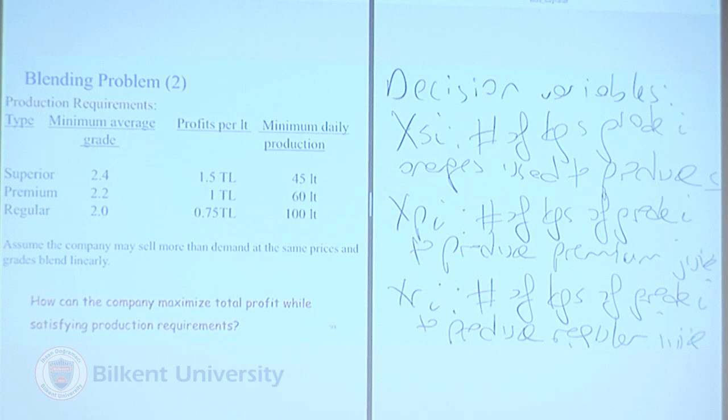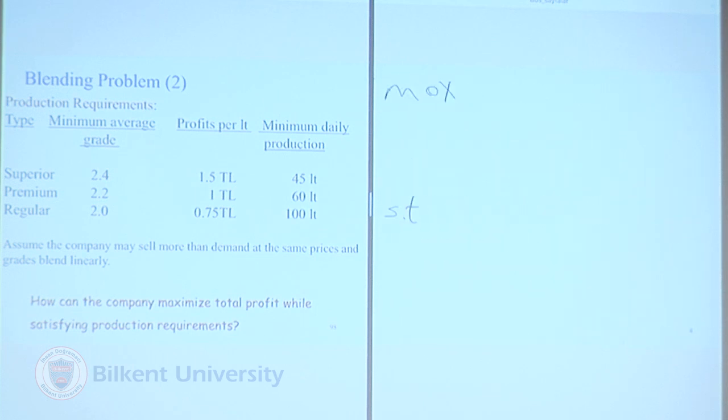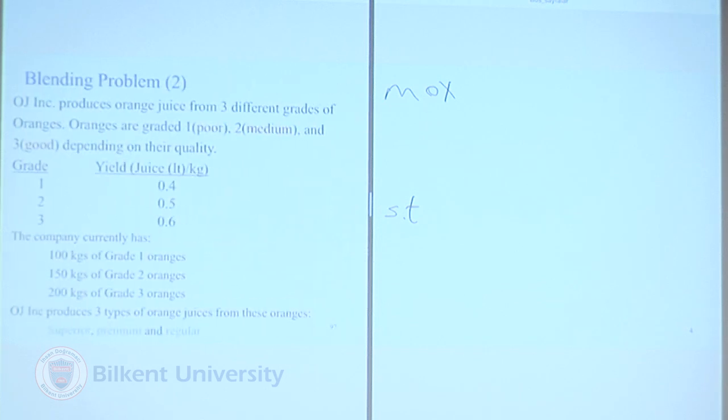xs1, xs2, xs3 are the variables we use to produce superior orange juice. So can you tell me the equation saying that I'm producing at least 45 liters of superior orange juice?